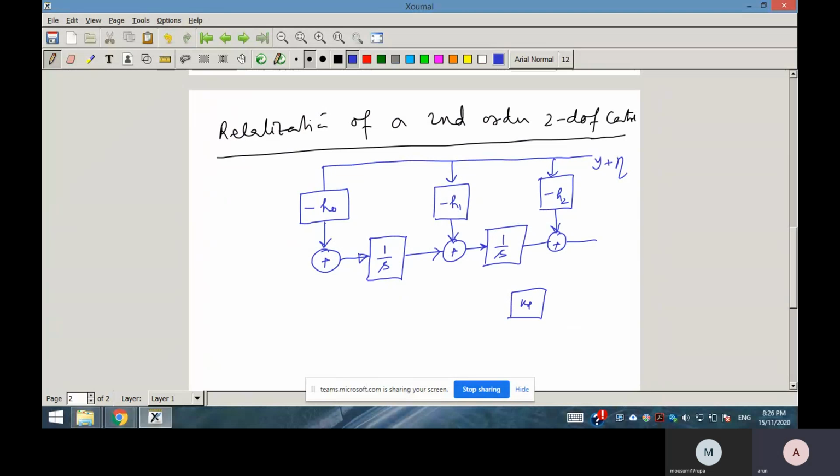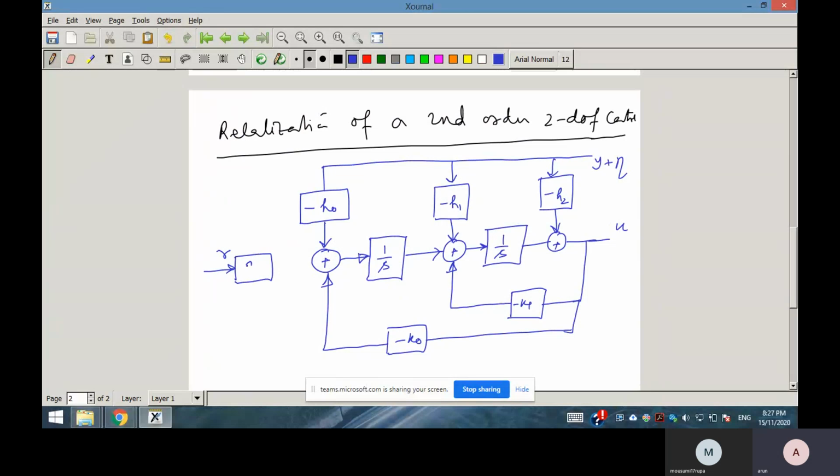And here minus k1, of course, and this is your u, the controller output. This is minus k1, this is minus k0. And then this is the R line.